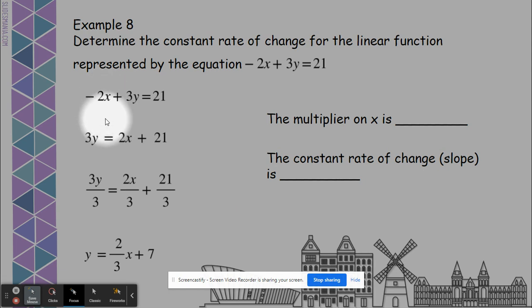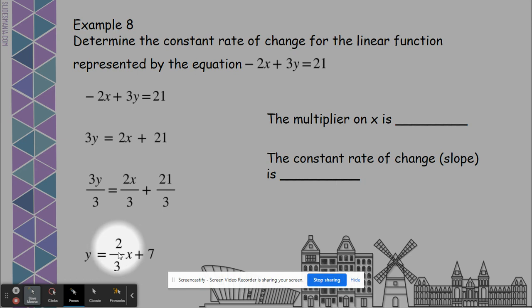That will cancel out this negative 2x and cause a positive 2x to be on this side of the equation. Then I would divide everything on both sides of the equation by 3. So now those 3's cancel out, and all I have left is a y.